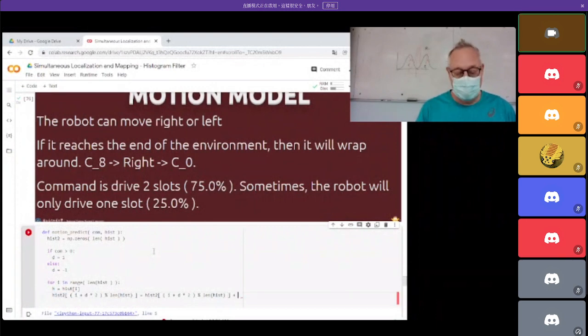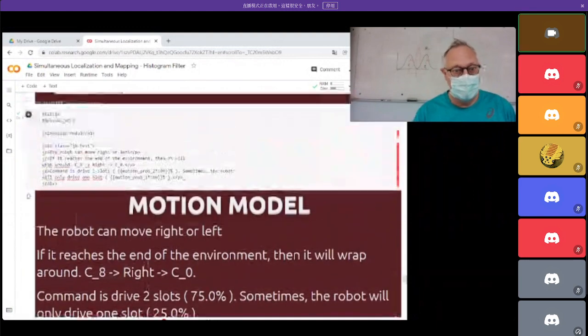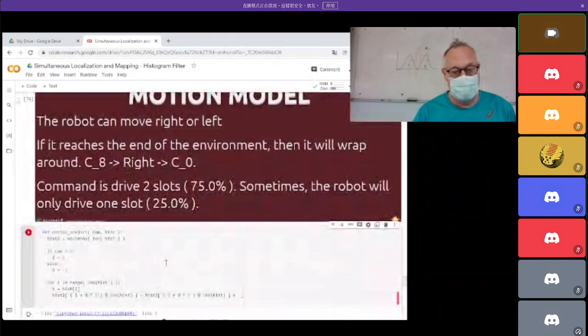So in this case, I moved two slots, right? So this should be 0.75 or motion prop 2.